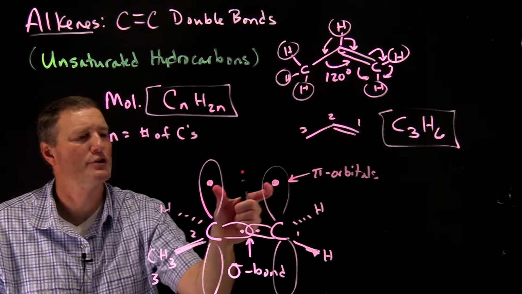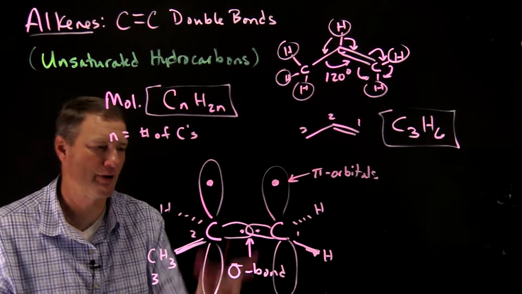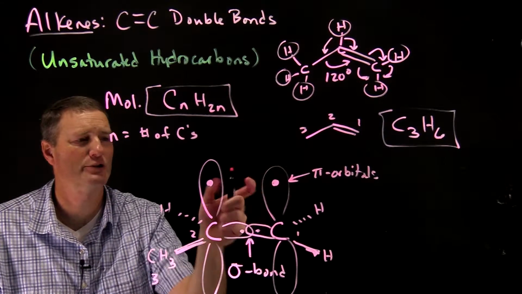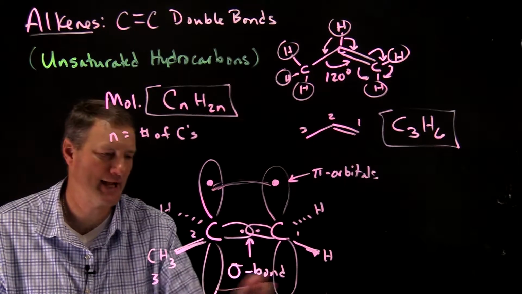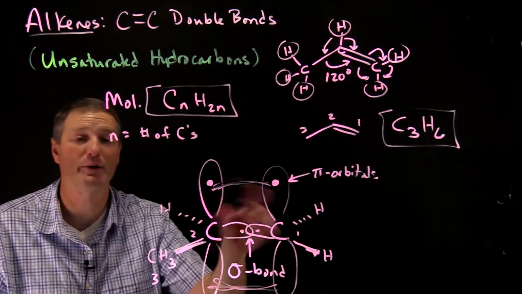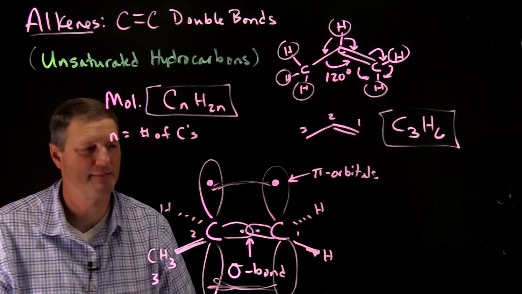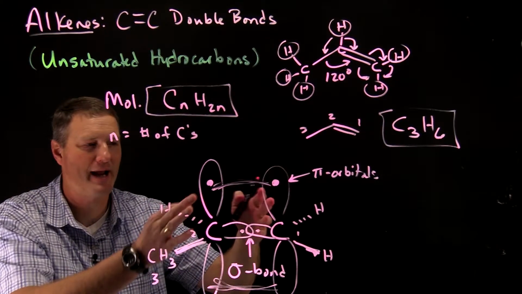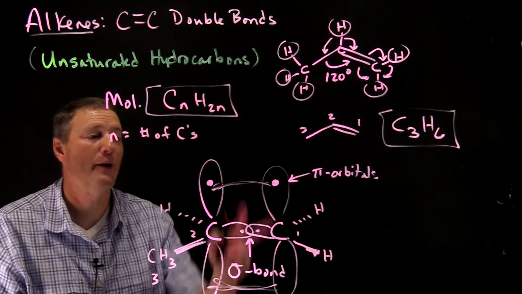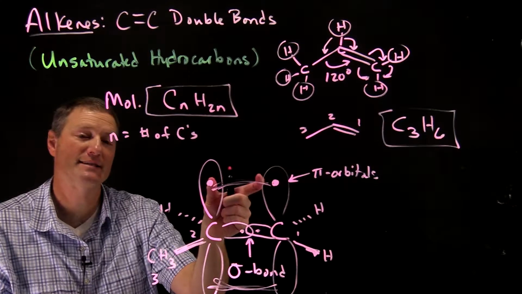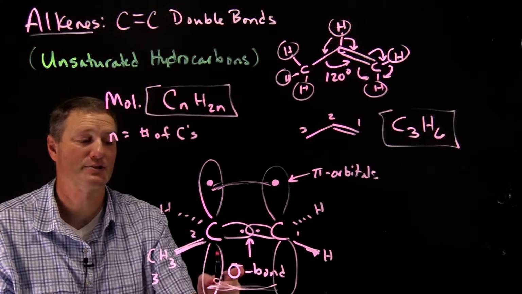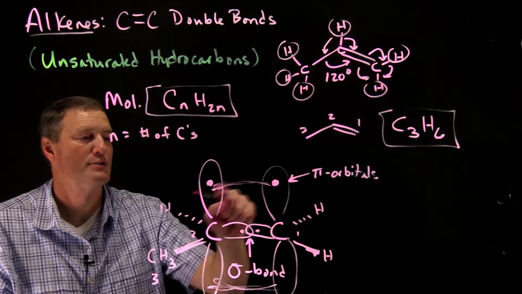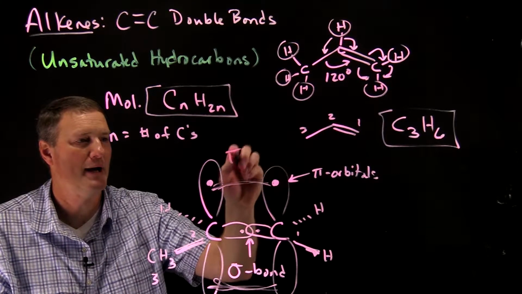And if we have 2 pi orbitals next to each other on 2 adjacent carbons, those 2 electrons can actually be shared through space. And it's actually being shared both above and below the plane all at the same time. So these electrons are oscillating back and forth. They're being shared. However, because of the distance between those orbitals, this type of bond is not going to be nearly as strong as a sigma bond. So this type of bond is called a pi bond.